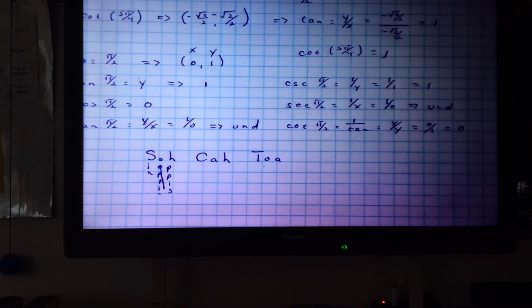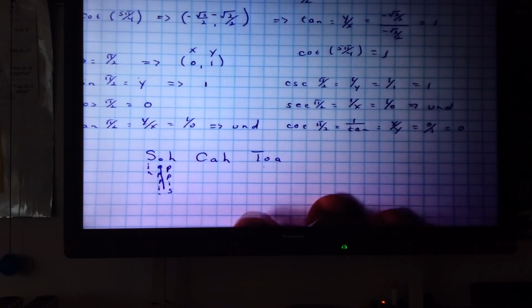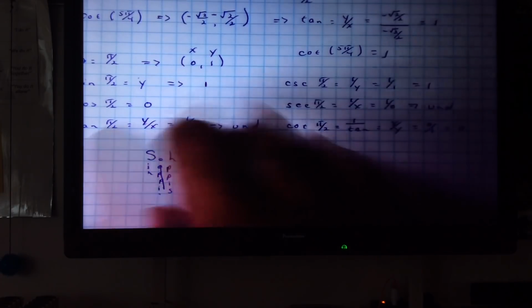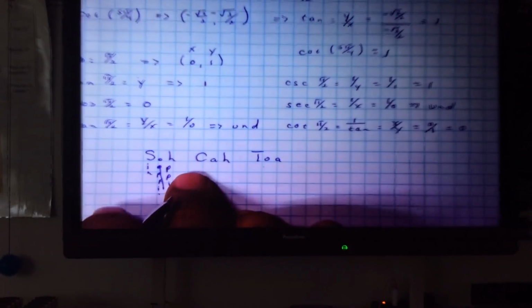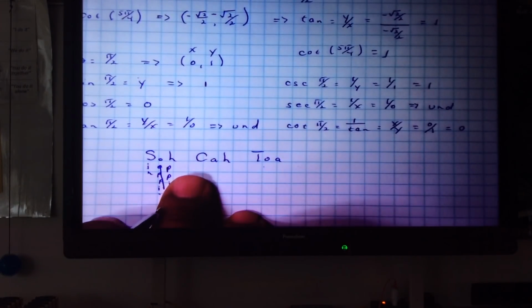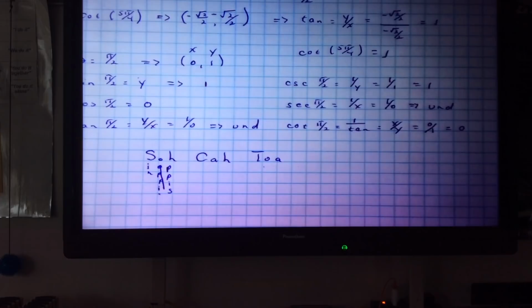Where's Google when you need it? You got that? Yes. Hypotenuse. Spell hypotenuse. H-Y-P-O. You got it? Yeah. Okay.